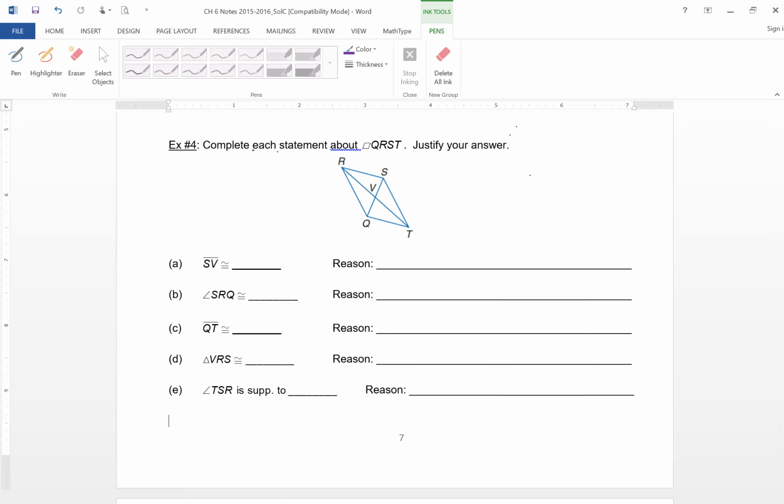In this one, SV is congruent to VQ, or QV if you want to be symmetric, because in a parallelogram the diagonals bisect each other.